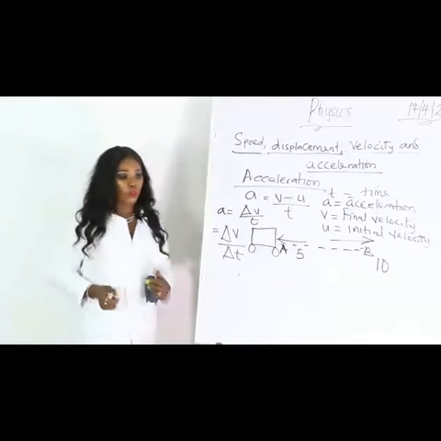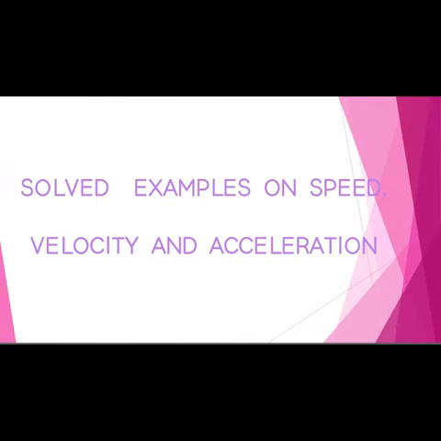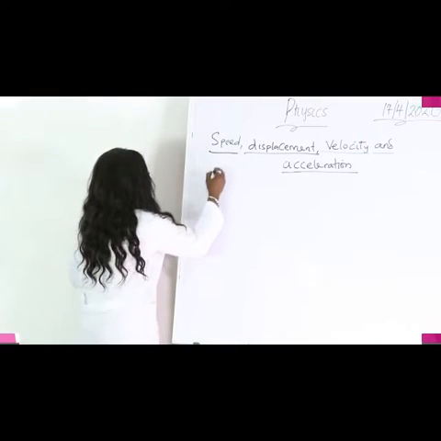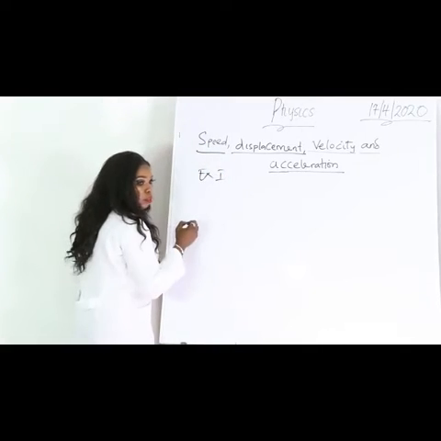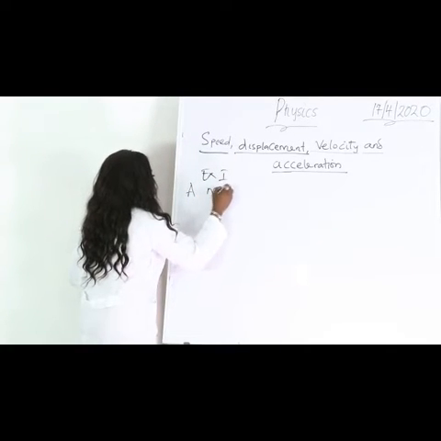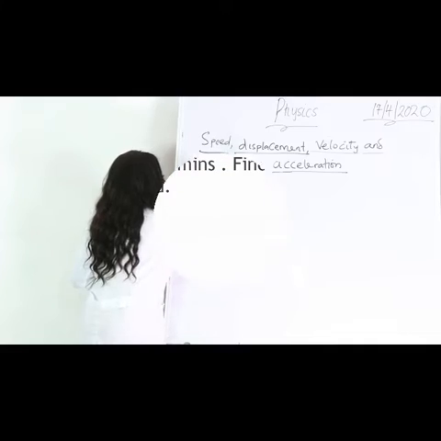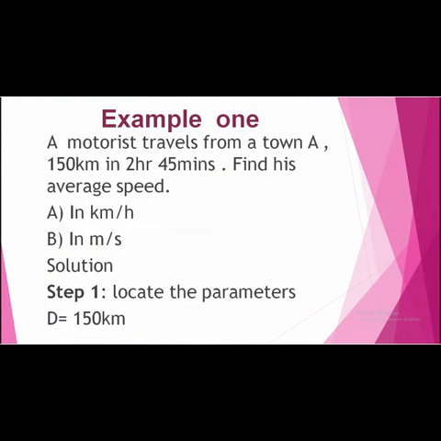We want to quickly take some solved examples on speed, velocity, and acceleration very fastly. We quickly want to take example 1. A motorist travels from town A 150 kilometers in 2 hours, 45 minutes.